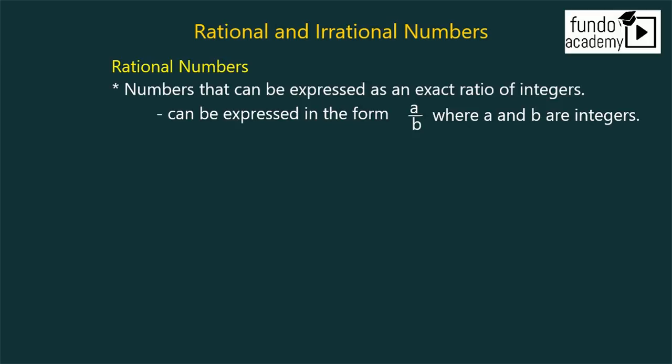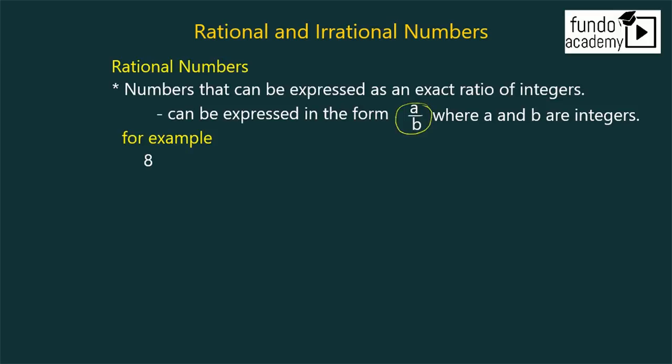So examples of rational numbers include, taking numbers randomly, a number like 8. What makes 8 a rational number? Because according to our definition, these are numbers that can be expressed in the form a over b, where a and b are integers.